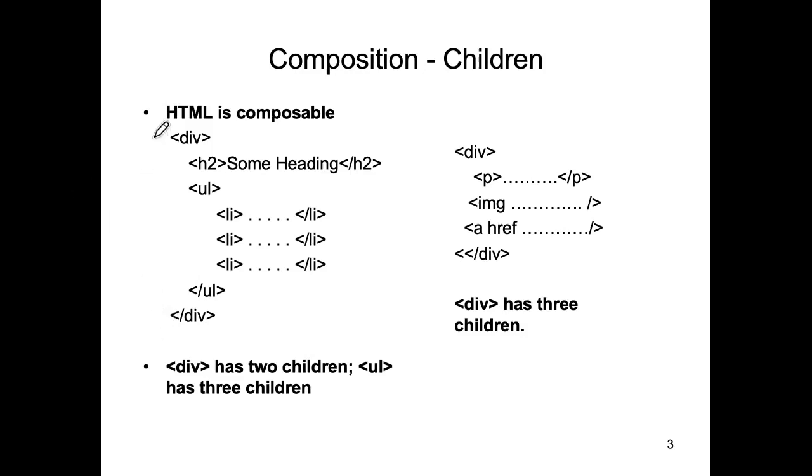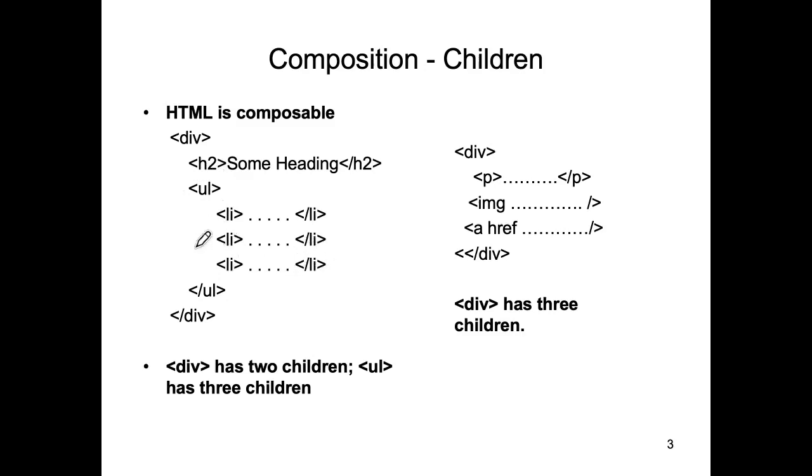But if I was to describe this piece of HTML from a composition point of view, I would say that my div element is composed of an H2 and a UL. And my UL element is composed of a number of LI elements.